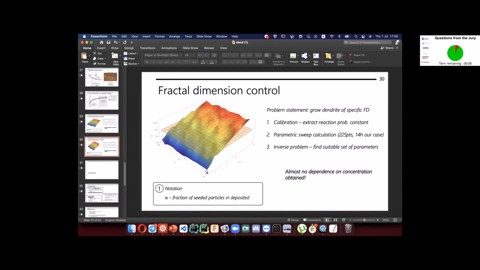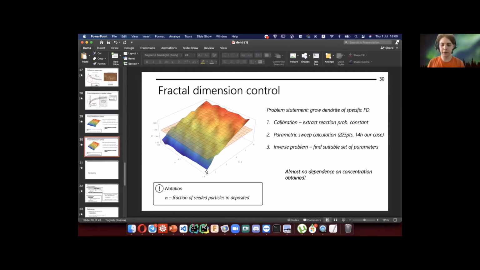Okay, but experimentally, can you control the number of seeded particles? I didn't get it. Do you mean can we control concentration? I don't know, what is your number of seeded particles in real life? That's correlated with the concentration of the silver nitrate. Okay, what is the correlation? Well, that's quite relative. I can't just say that.